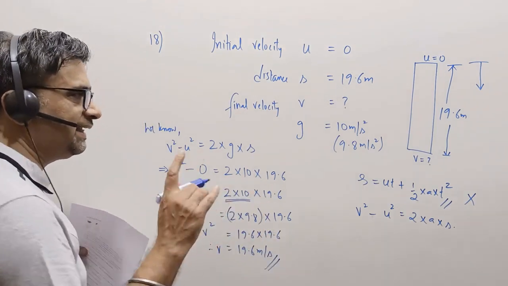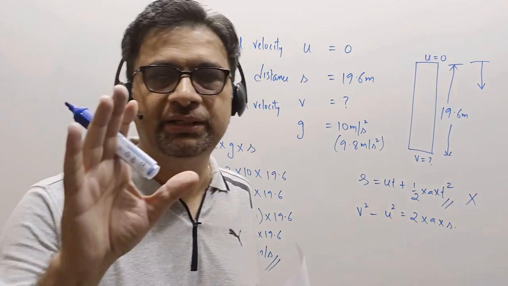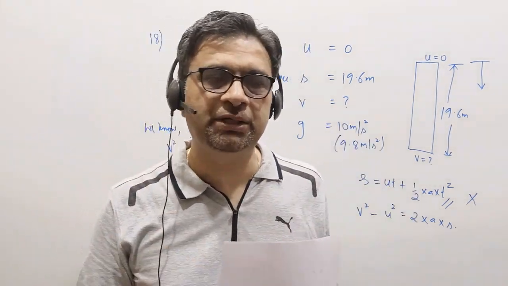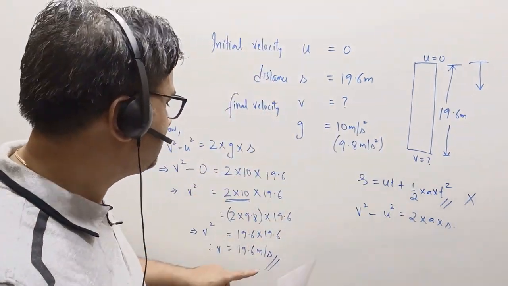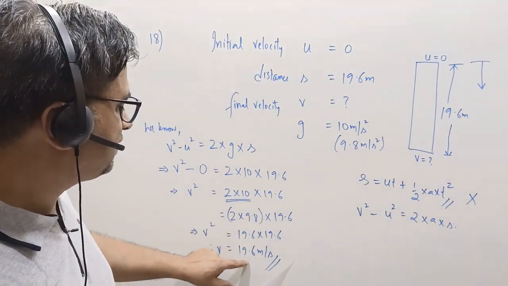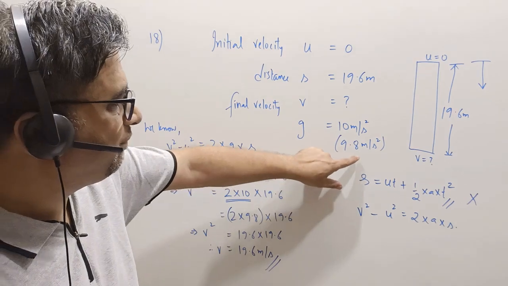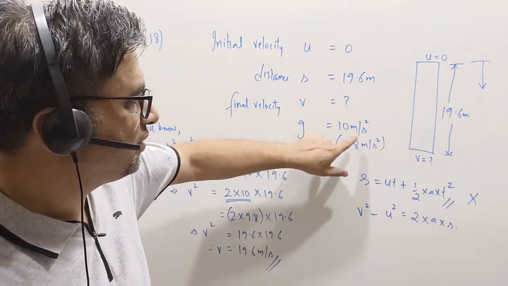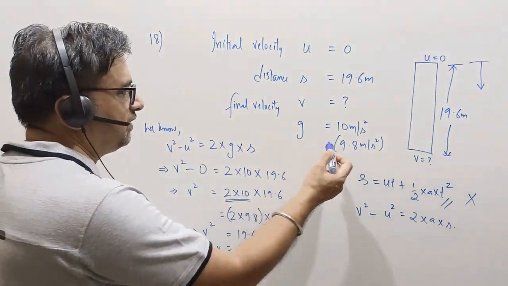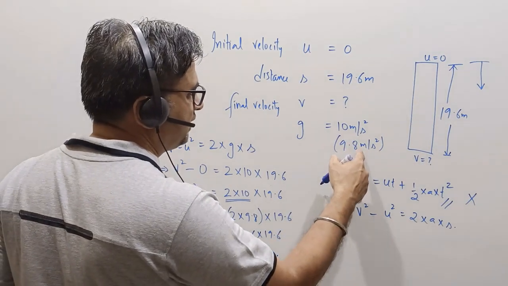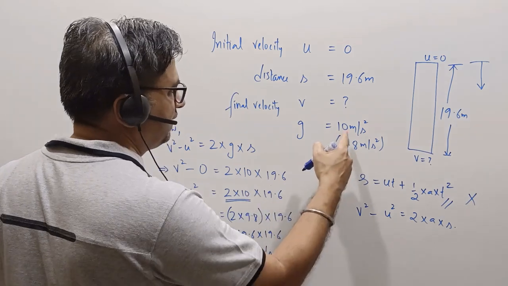Now one disclaimer, well, not a disclaimer, I would rather take responsibility. Just to make things easier so that I get a perfect square, I have put 9.8 meter per second square instead of this. If you are given this value, don't change this. Find this using 10.